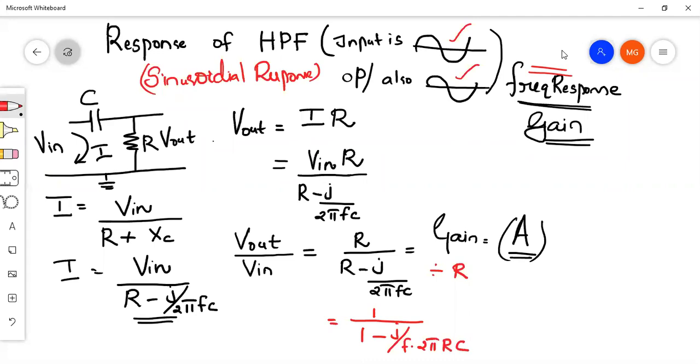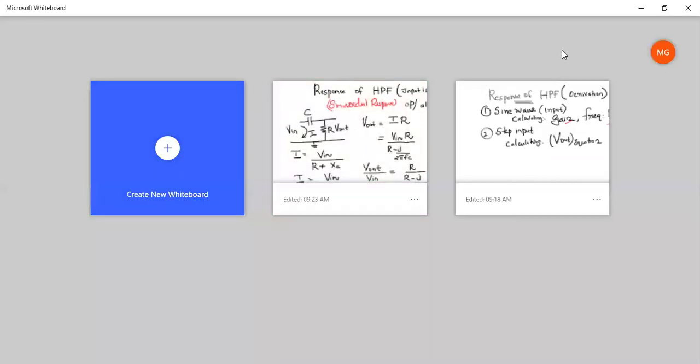So we got the equation for gain, represented by capital A. Is this clear? I think there won't be any confusions. So I will move to the next slide.